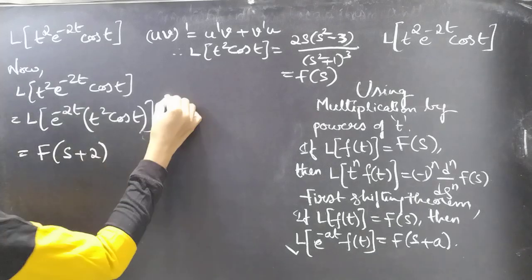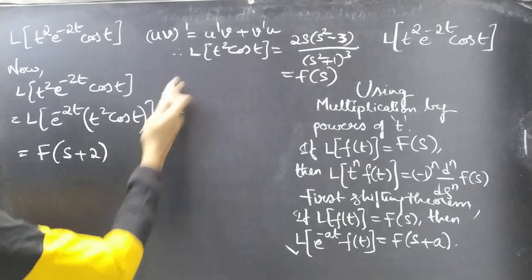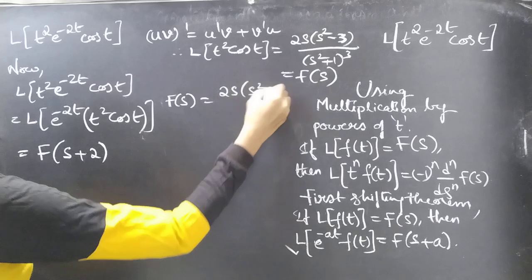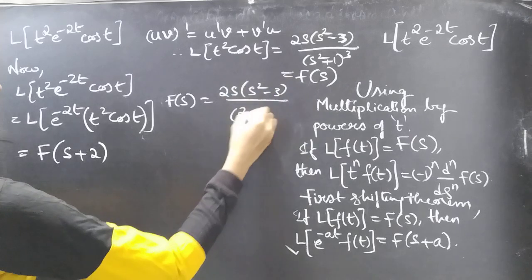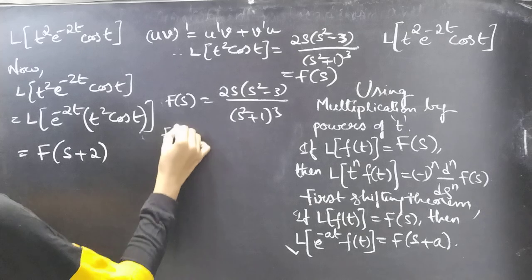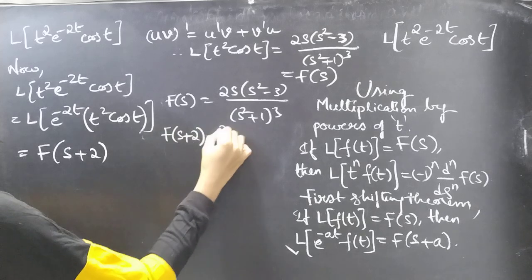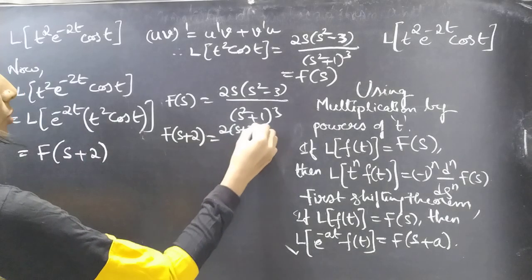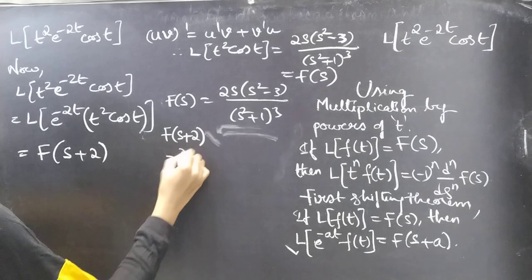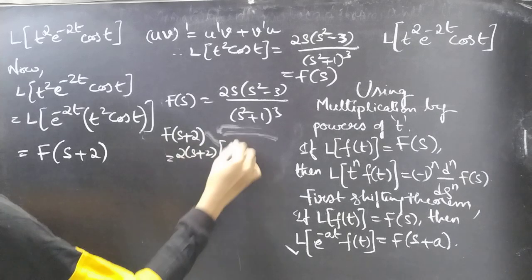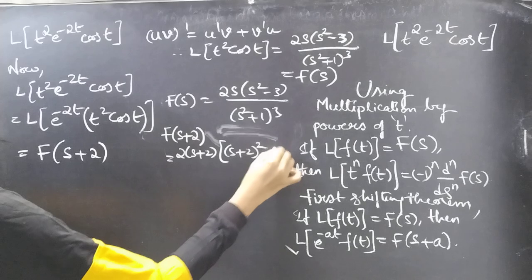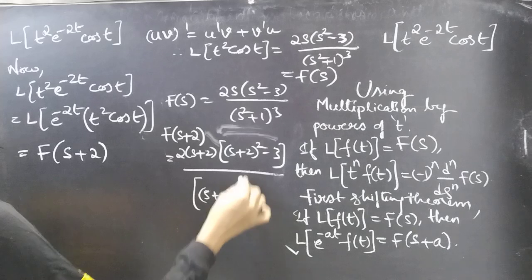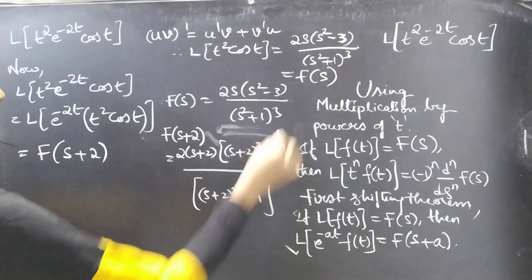Fine. If F of s equal to 2s times s square minus 3 by s square plus 1 whole cube, then F of s plus 2 will be, just replace s by s plus 2 in F of s, we'll get 2 times s plus 2 into s plus 2 whole square minus 3 by s plus 2 whole square plus 1 whole cube.